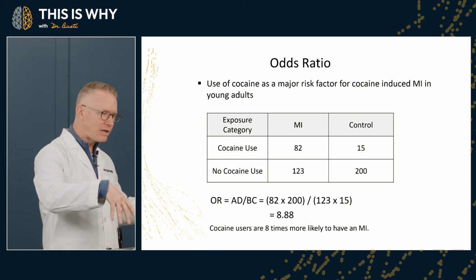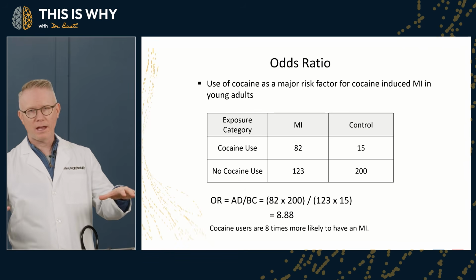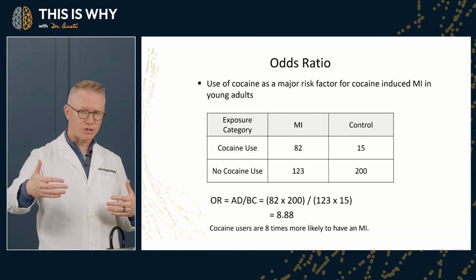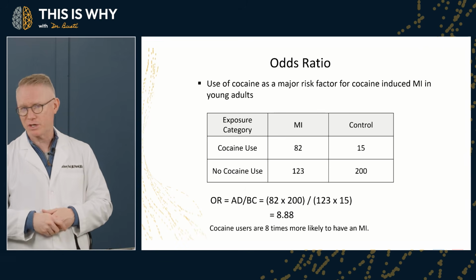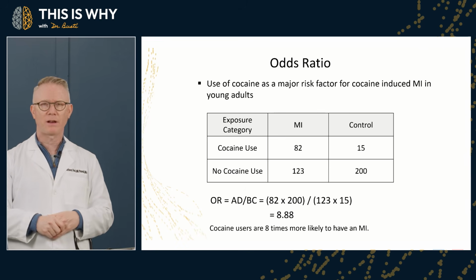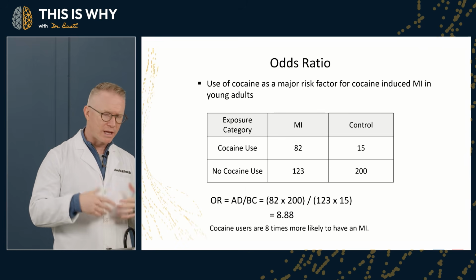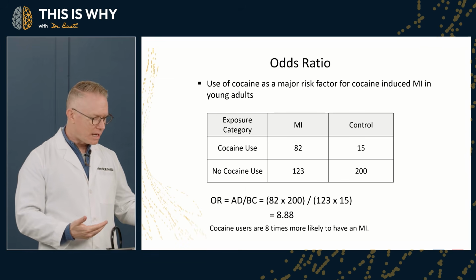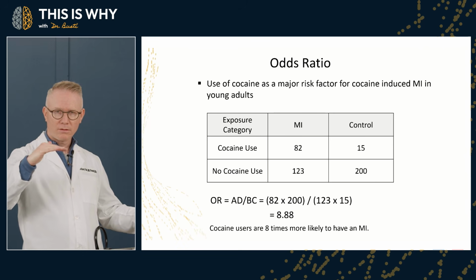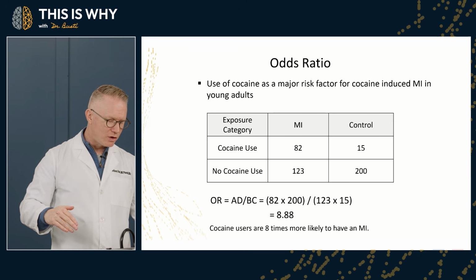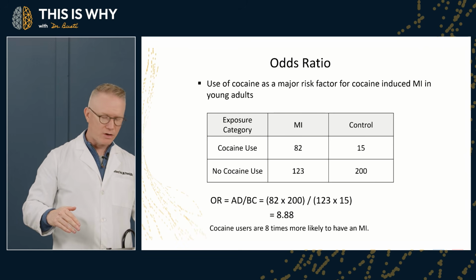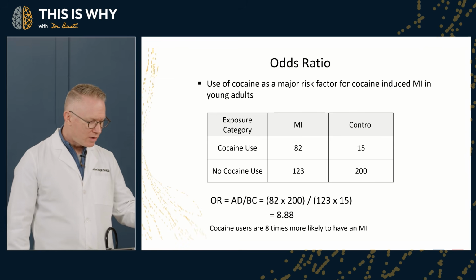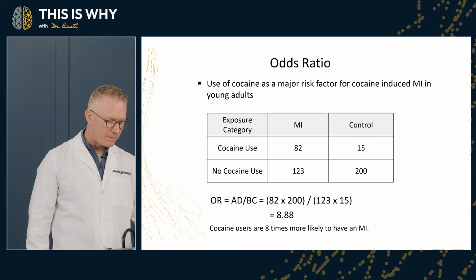So let's say you have patients who are using, unfortunately, cocaine. We know that that's a risk factor for drug-induced or cocaine-induced MIs, especially in younger patients that don't have atherosclerotic disease. And so if we're looking at the odds of that happening, right? So again, we're looking at that denominator difference. So cocaine users versus no cocaine users in the same population, those who had MI, those who didn't, right?